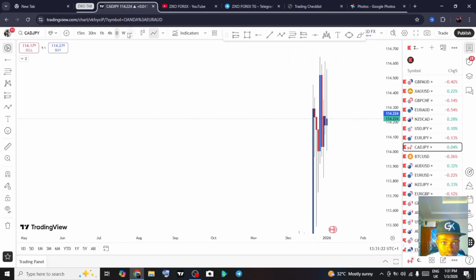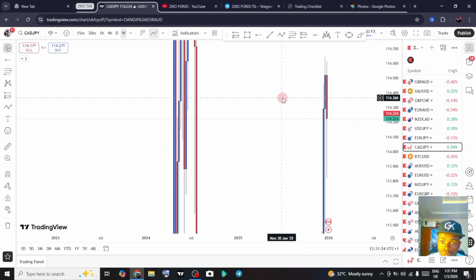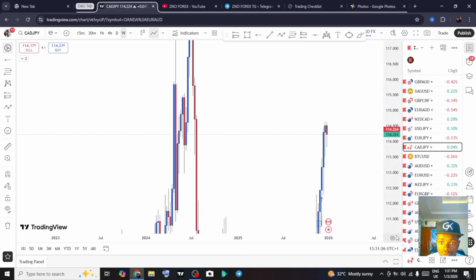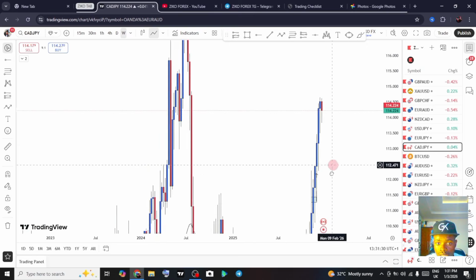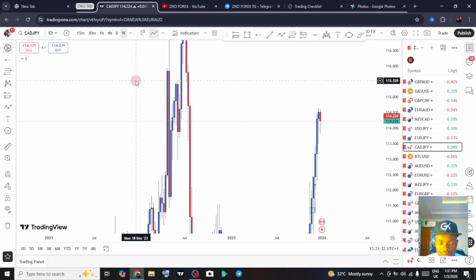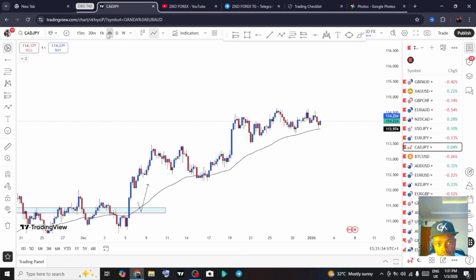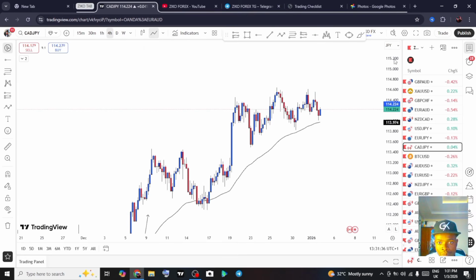Daily is bullish, weekly time frame is also very bullish, and the 4 hour time frame is bearish in this case.